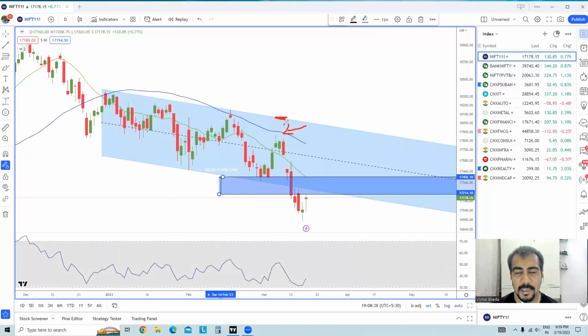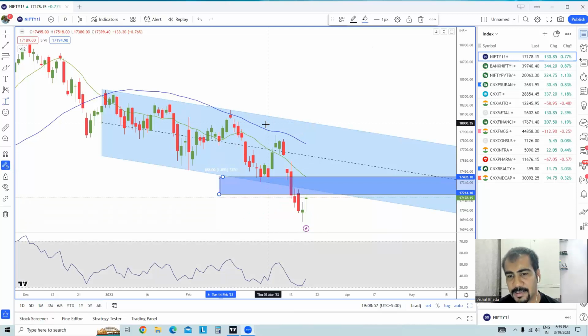Generally, when that happens, the probability of the breaking of the lower band is high, which has happened over here. And then whatever is the length of this entire downside channel, an equivalent length should be on the downside. But suddenly we have been able to bounce from that 50% retracement.